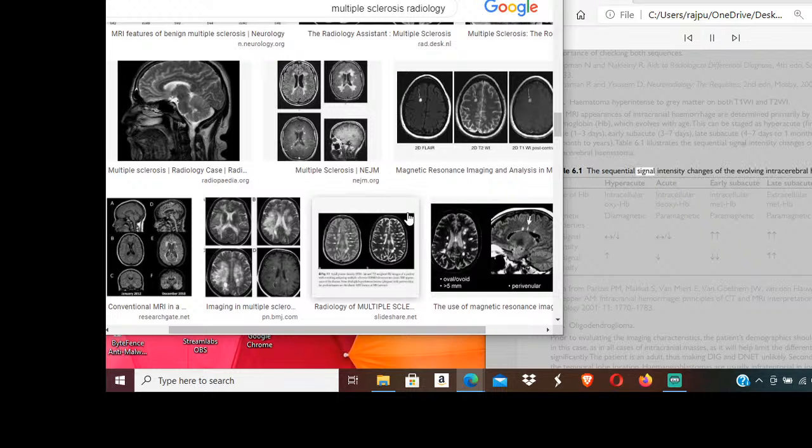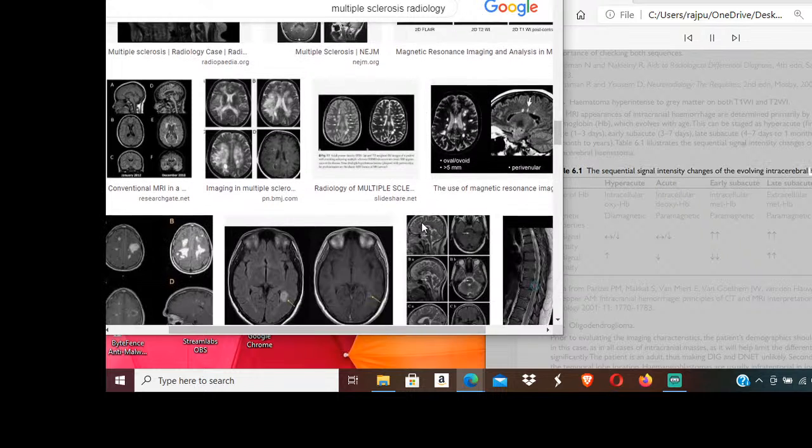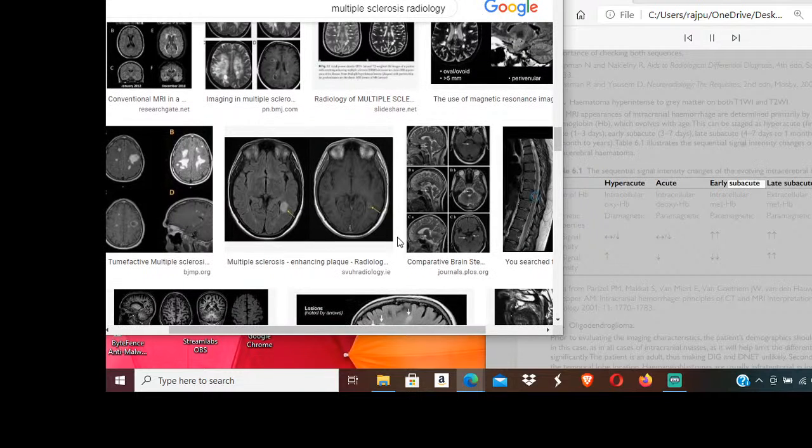Table 6.1 The sequential signal intensity changes of the evolving intracerebral hematoma. Hyperacute, acute, early subacute, late subacute, chronic.